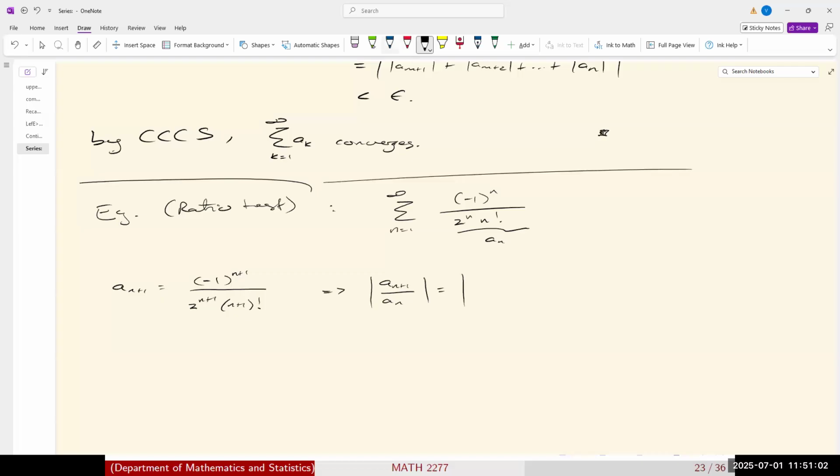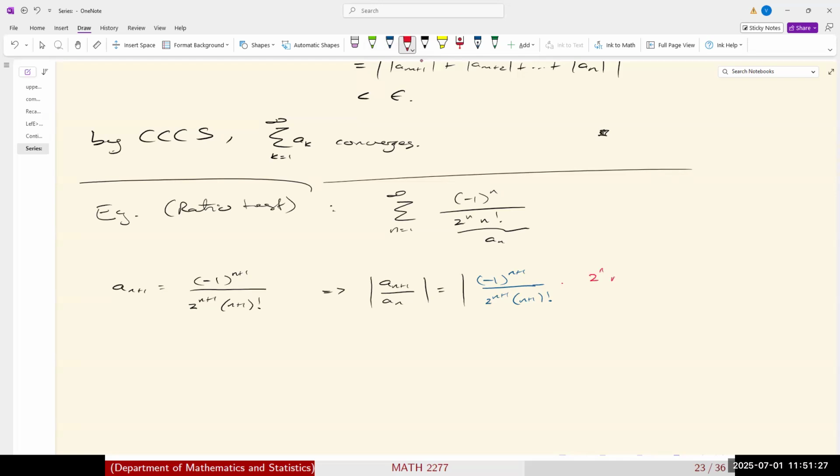The modulus of the a_(n+1) term, (-1)^(n+1) over 2^(n+1) (n+1)!, and the nth term, the a_n term, sorry. We divide by a_n, which is the same thing as multiplying, and we flip a_n.